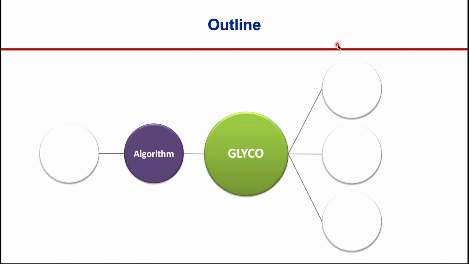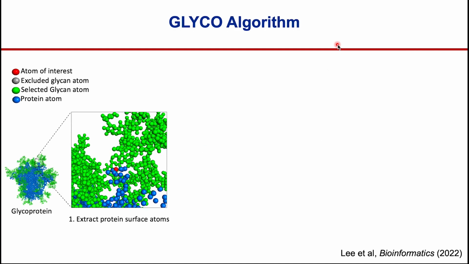Now the algorithm. What the GLYCO program does is take a glycoprotein as the input file. This blue one is the protein surface, and this green one is glycan. A single input PDB file is a glycosylated protein.